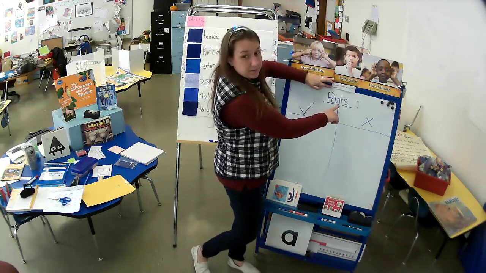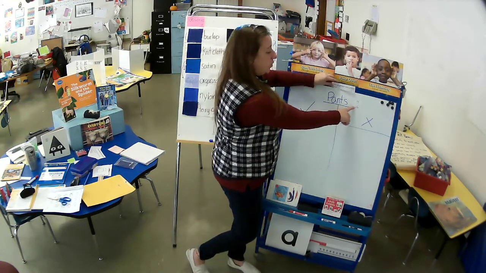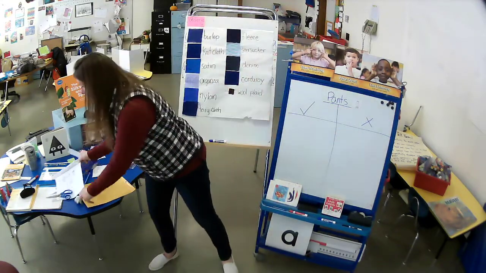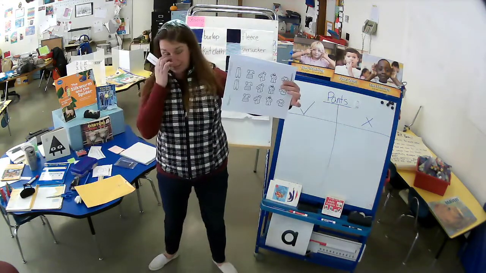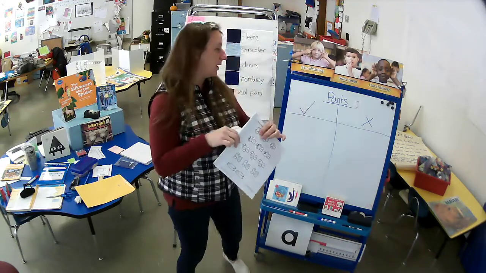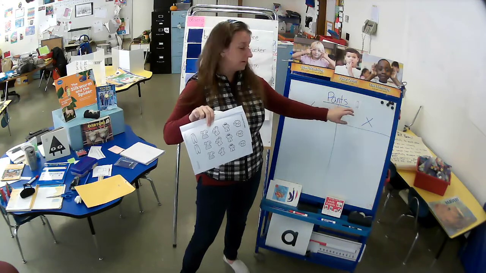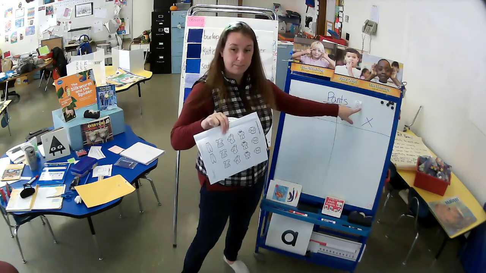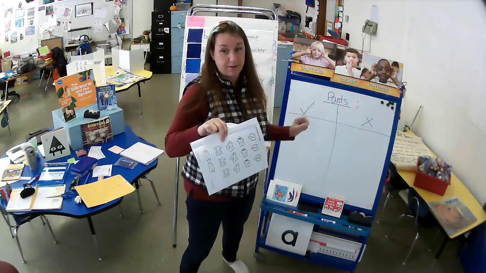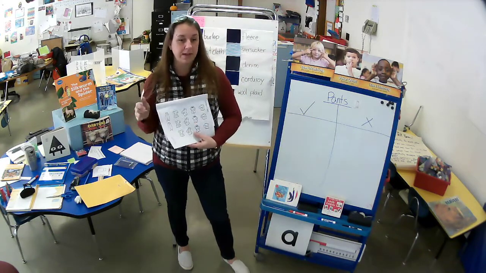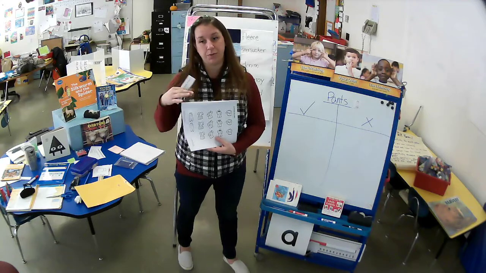And write pants. And then if you want to, you can cut out your little picture, because this is optional, we also have these. You can cut out one of the pairs of pants and tape or glue it right there next to pants. It's a label, right?